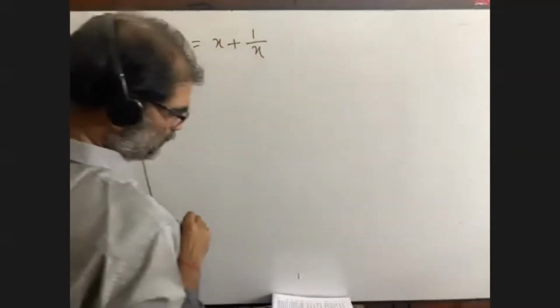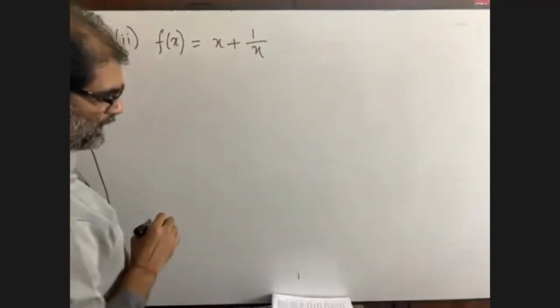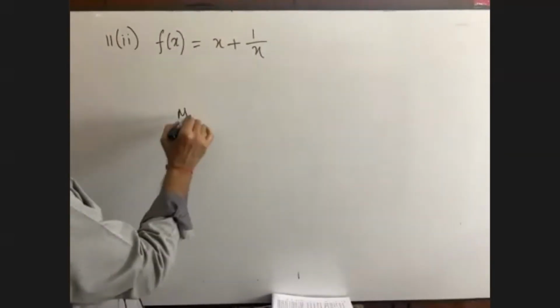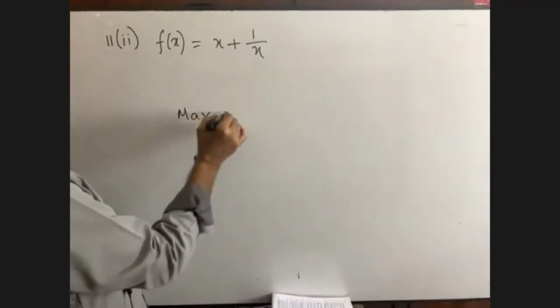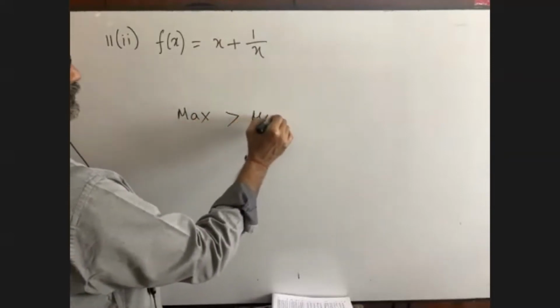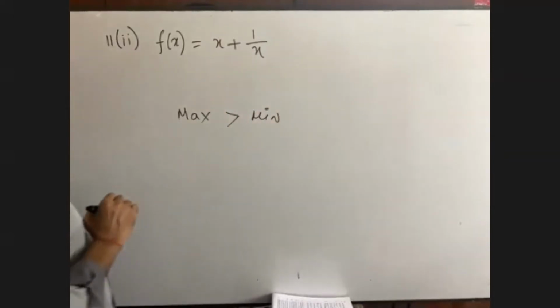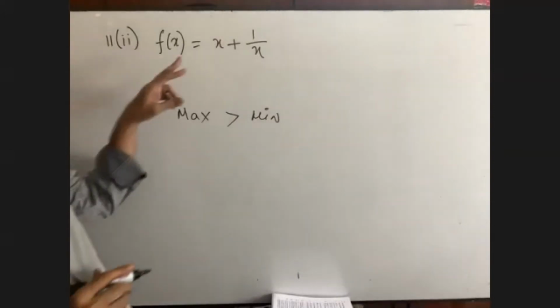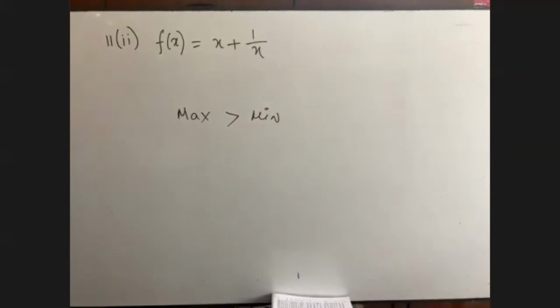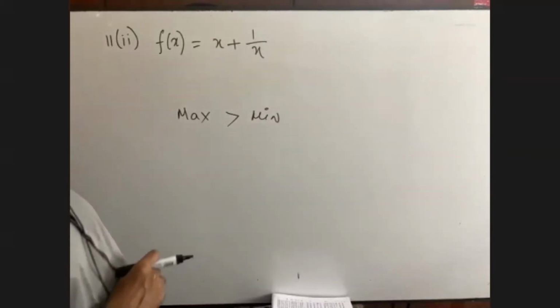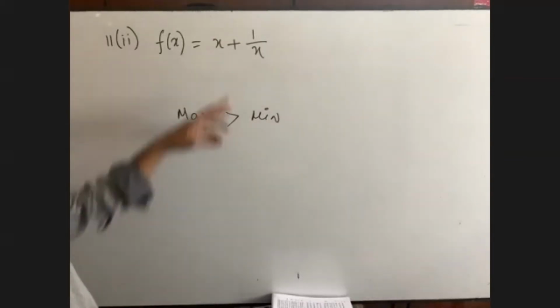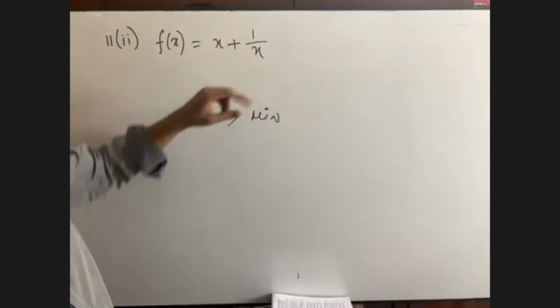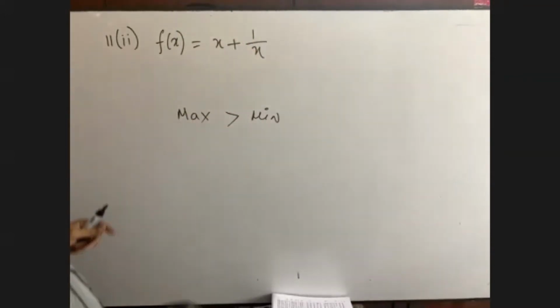Okay, we have to show that maximum value is greater than minimum value. We have to show it. Okay, it will have a maximum value which will be greater than the minimum value, always more than the minimum, because of the fraction. Okay, I think you've got me right.